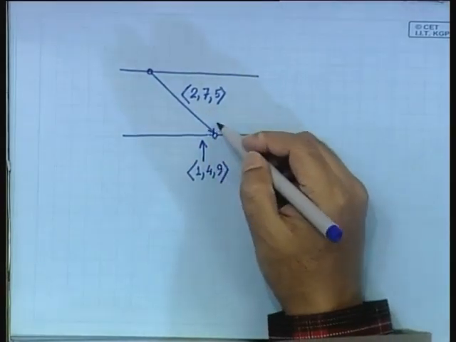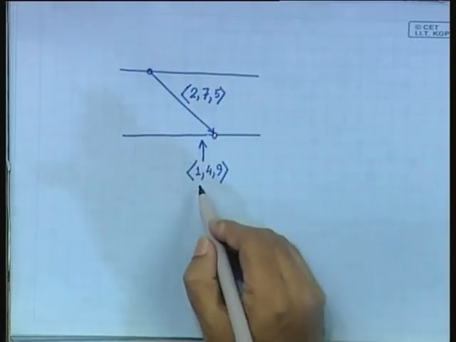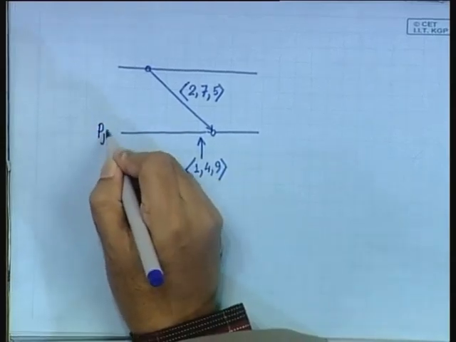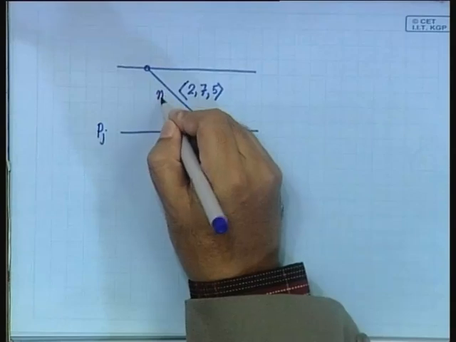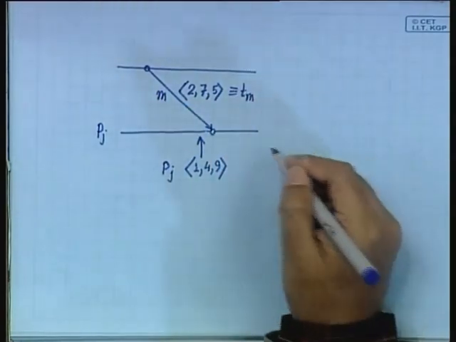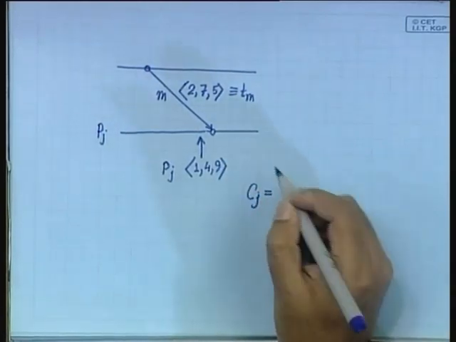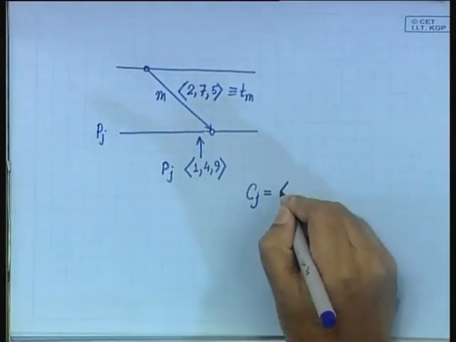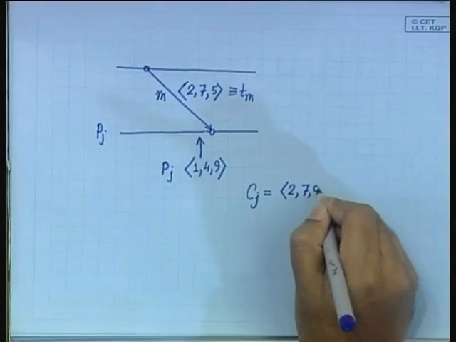Now, given that this message was received with clock timestamp T_m, and given its current clock value, this is process j, this is P_j, this is message m, and this is T_m. So, I recompute C_j as the dimension-wise max of these. So, C_j is recomputed as 2, 7, 9.